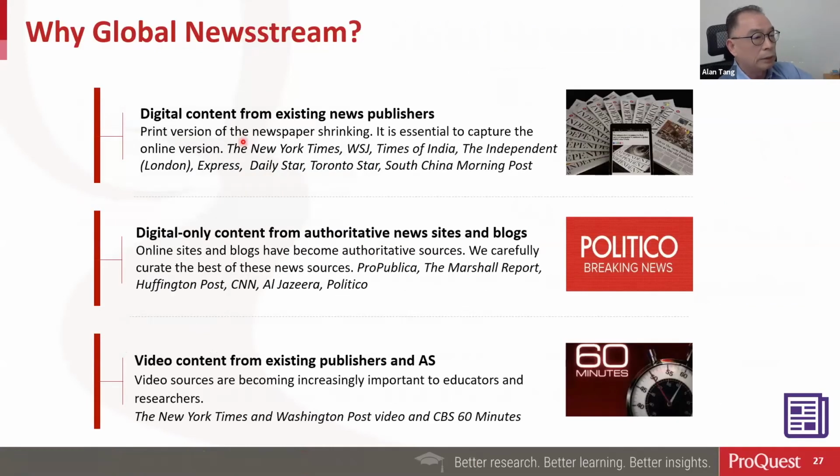And also some more reasons why Global Newsstream: it is provided online and also has digital content from existing news publishers, like the New York Times, Wall Street Journal, Times of India, the Independent, Express, etc. And also it covers the Newswire and online websites and blogs, and becomes a very authoritative source. And our editorial team will carefully curate the best of these news sources.